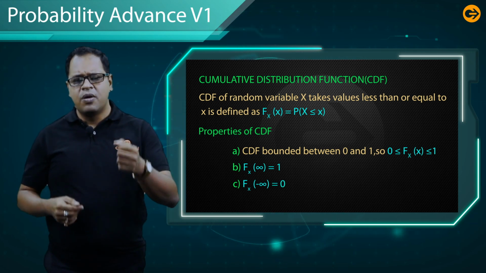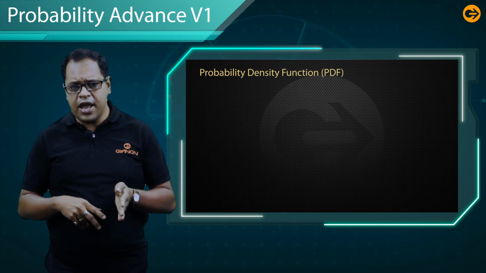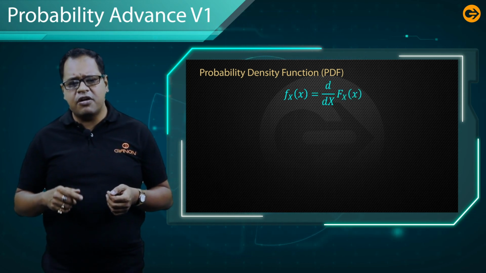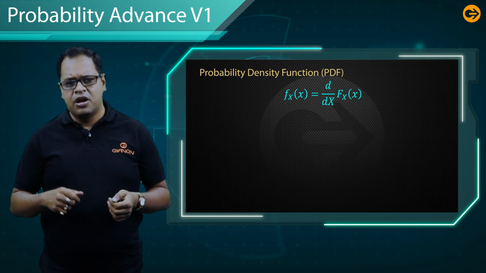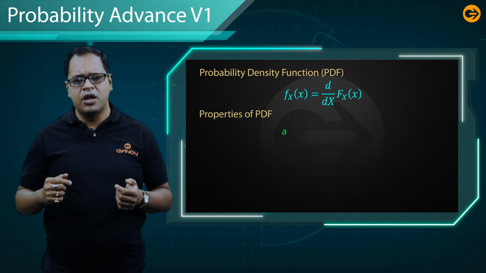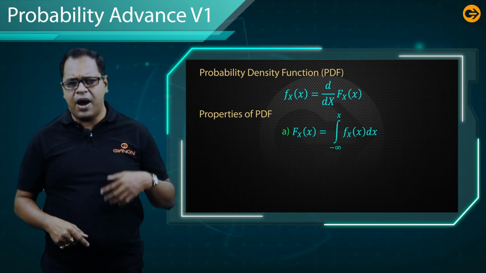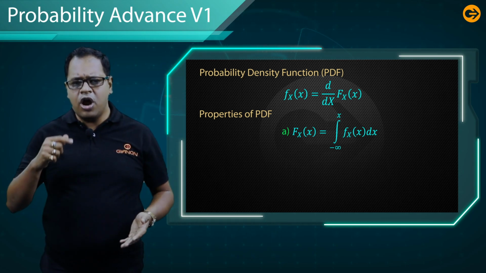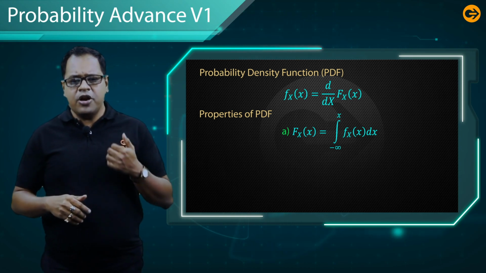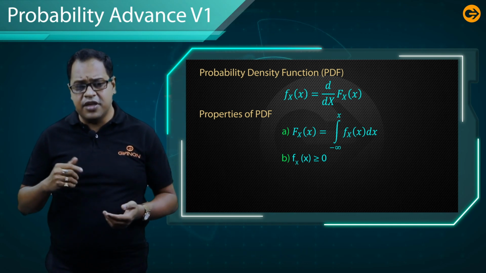Now let us discuss the probability density function, or PDF, which is f_X(x) = d/dx of F_X(x). What are the properties of this PDF? Property number 1, F_X(x) is equal to the integration from minus infinity to x of f_X(x) dx. Number 2 property is f_X(x) is greater than or equal to 0.